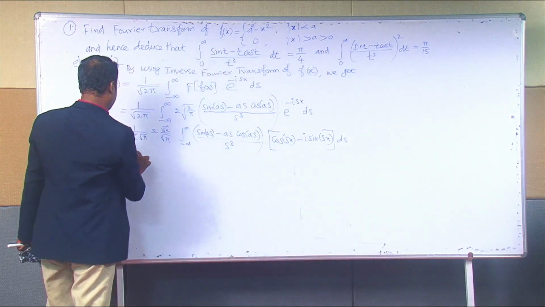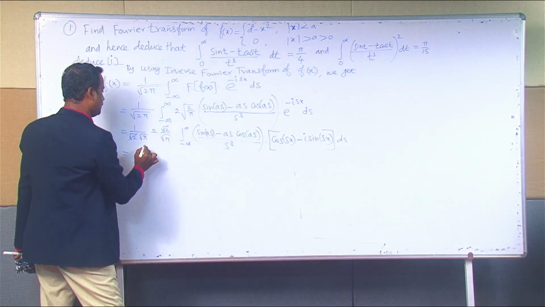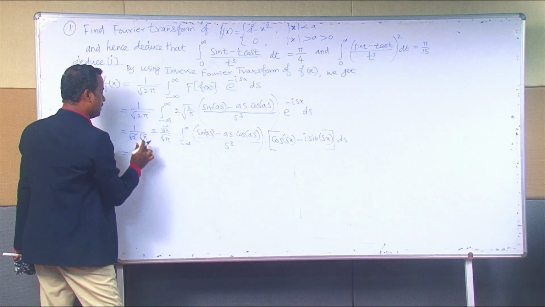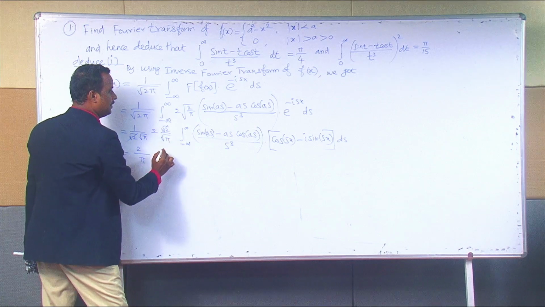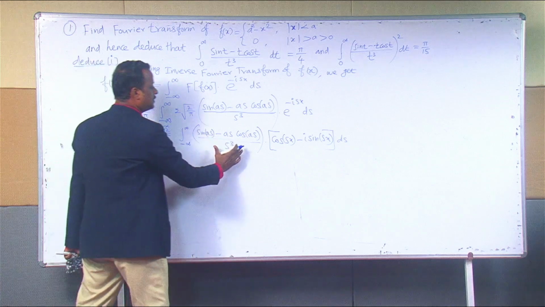Now you can write it as 2 divided by root pi into root pi becomes pi, that is the integral. We can split this into two parts.